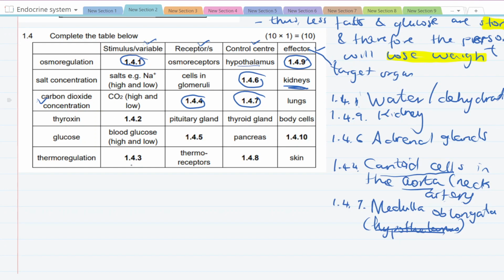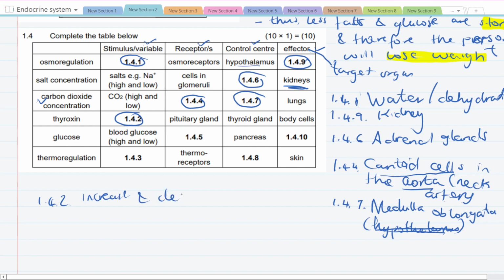Then here, thyroxine, what stimulates thyroxine, of course, is the increase and decrease. This is 1.4.2, I mean, the increase and decrease of thyroxine.